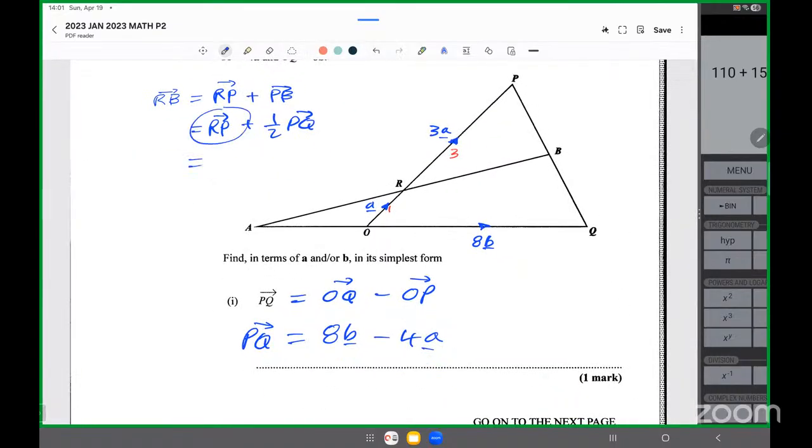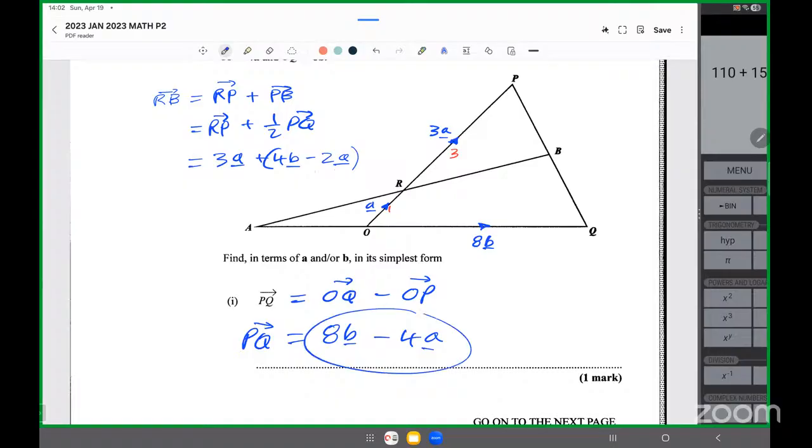So the RP is 3A, and then half of this becomes 4B plus minus 2A. Half of PQ is half of this, which is 4B minus 2A. Understand that? That's what half of PQ is.